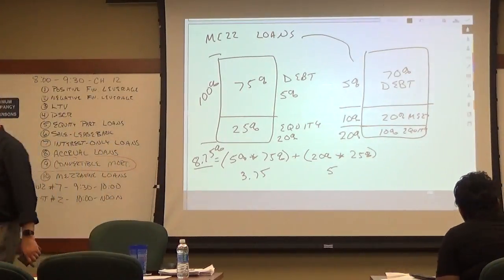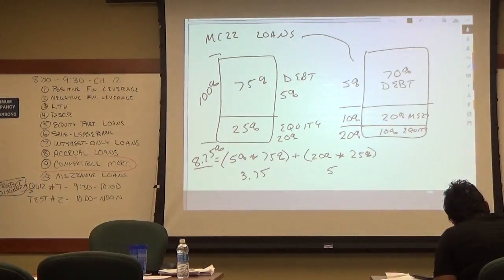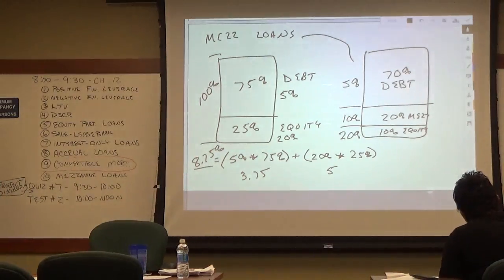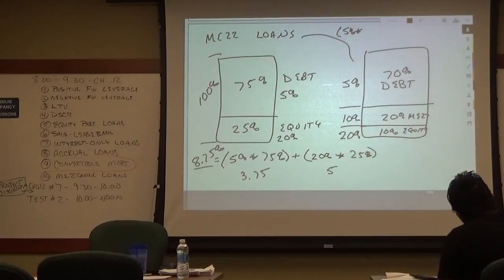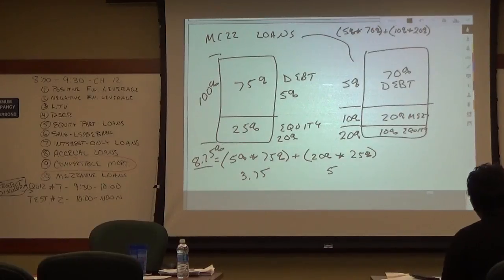Okay. Now, on this side, during the same process, all we're going to do is add in the mezzanine piece, just one more little thing to this. So it's going to be 5% times, in this case, 70%, plus the mezzanine piece, our cost is going to be 10% times 20% for the mezz.